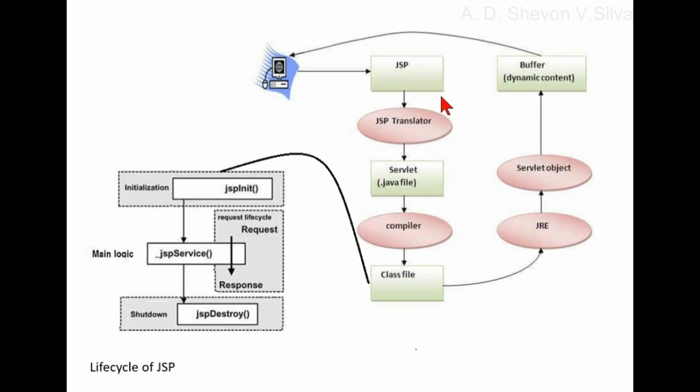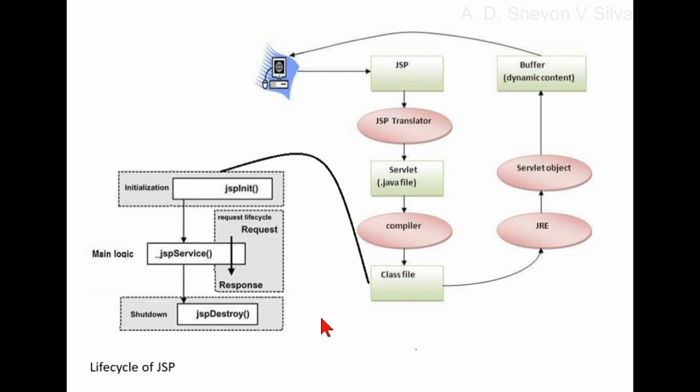Compilation of JSP: here the generated Java servlet test.java is compiled into a class file, test.class. Class loading: the class loader loads the Java class file into memory. Then the loaded class can be used to serve incoming requests for the JSP page.